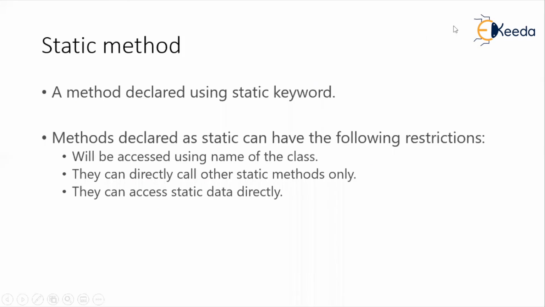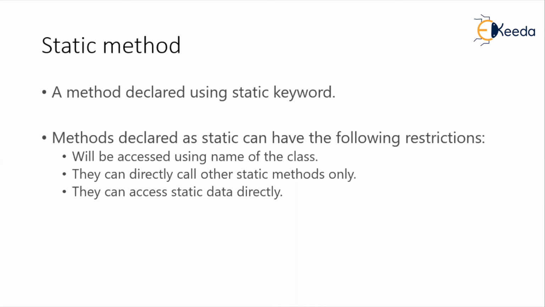Next, we will see how we can have methods declared as static. The static keyword used along with a method declaration in the signature itself allows us to declare static methods. Now, there are certain restrictions while accessing static methods.